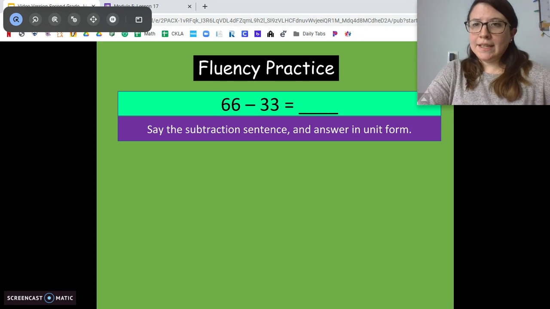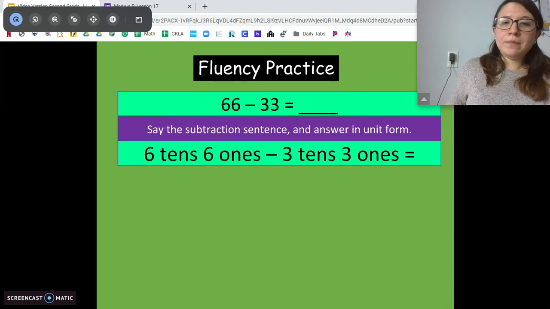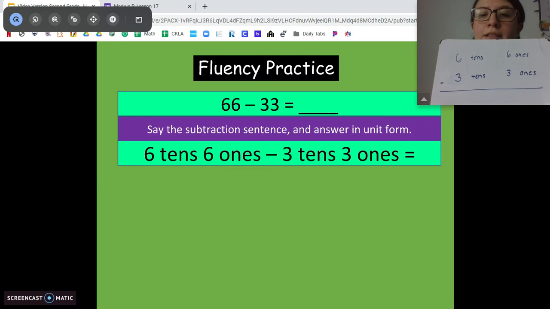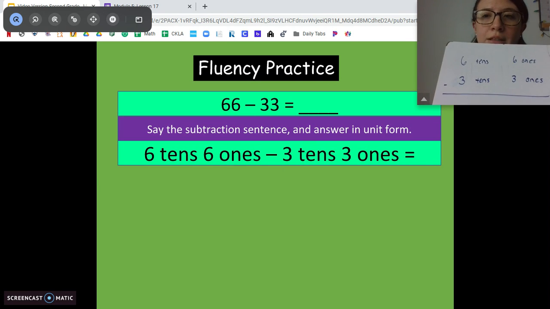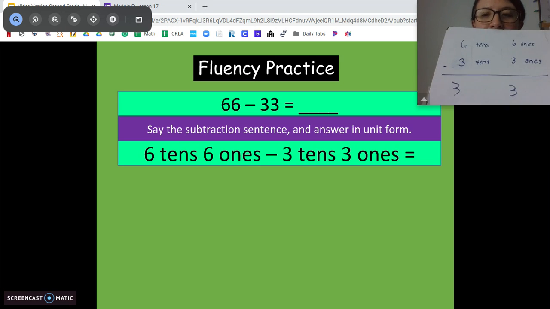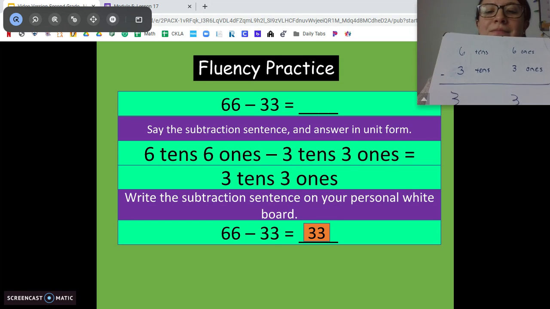So we have 66, 6 tens, 6 ones, minus 33, 3 tens, 3 ones. Now what's our answer? Subtract your tens and subtract your ones. And then tell me in unit form. Good. It's going to be 3 tens, 3 ones, which is 33.